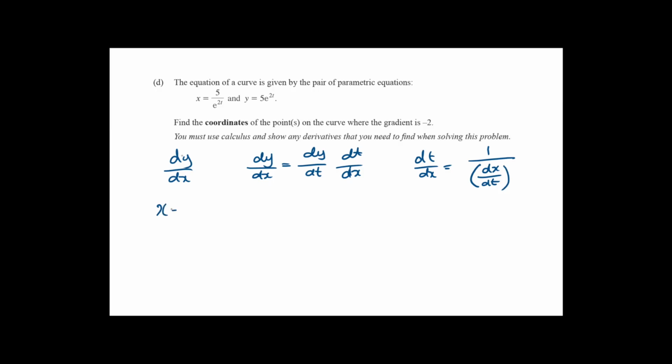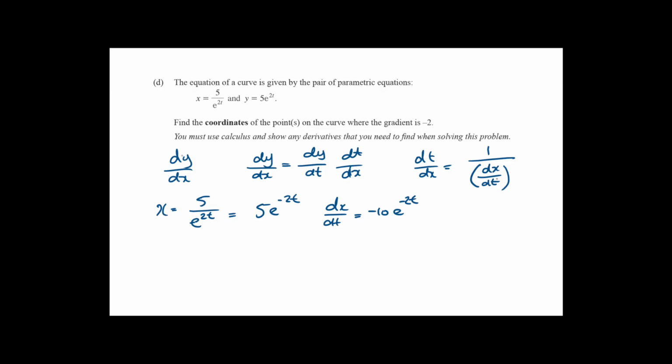So if x equals 5 over e to the 2t, I'm going to rewrite that as 5e to the minus 2t. And if I differentiate that, I'm going to be differentiating a function with e. So dx dt is going to be minus 10 e to the minus 2t. It's straight off the tables.